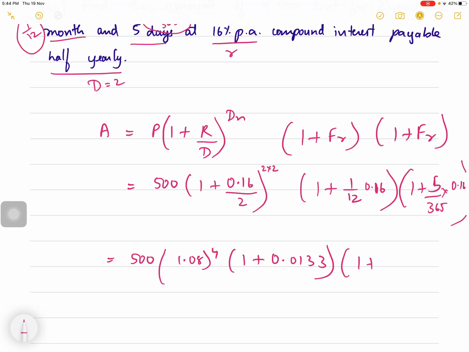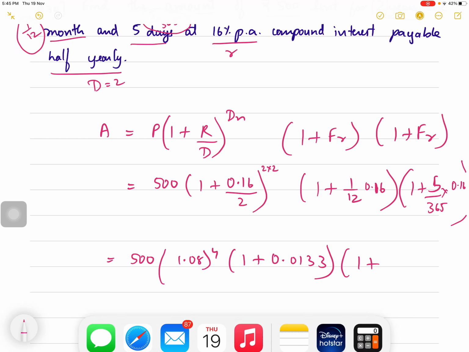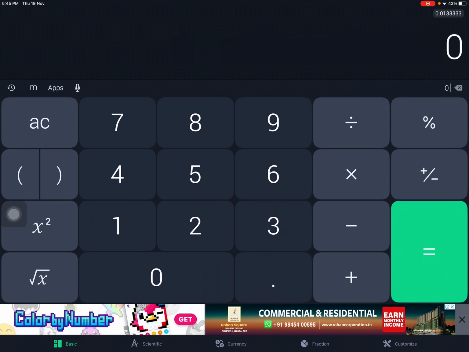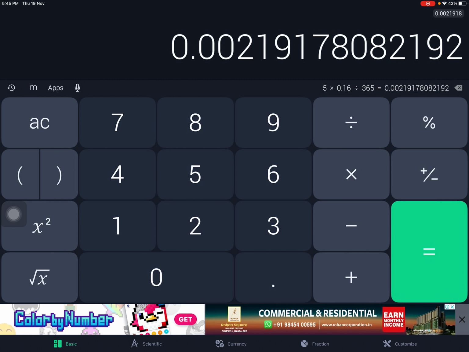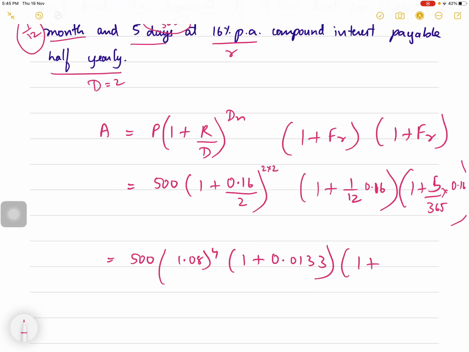And 1 plus 5 into 0.16 divided by 365. So with 4 decimals it would be 0.00219, so I'll write 0.0022.